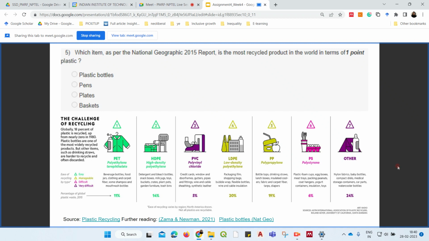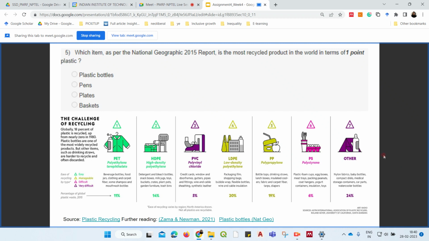Then there are plastics like LDPE and PP, which is polypropylene. LDPE is used in packaging films, shopping bags, bubble wrap, flexible bottles, wire, cable insulation, etc. So this is actually one kind of material in which the machinery and processes required to recycle it make it more difficult than recycling PET or HDPE.